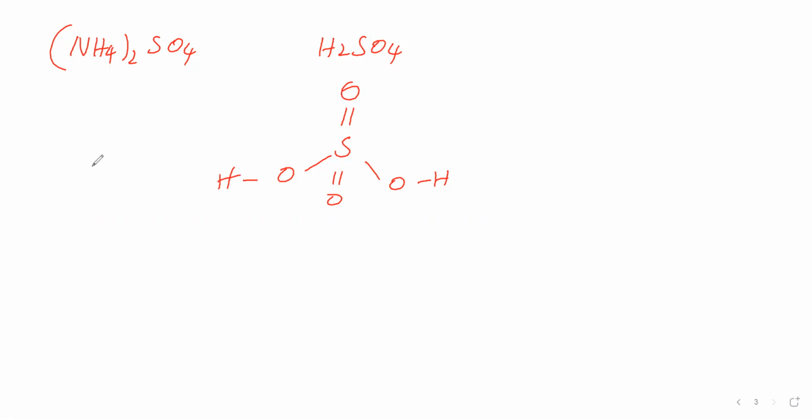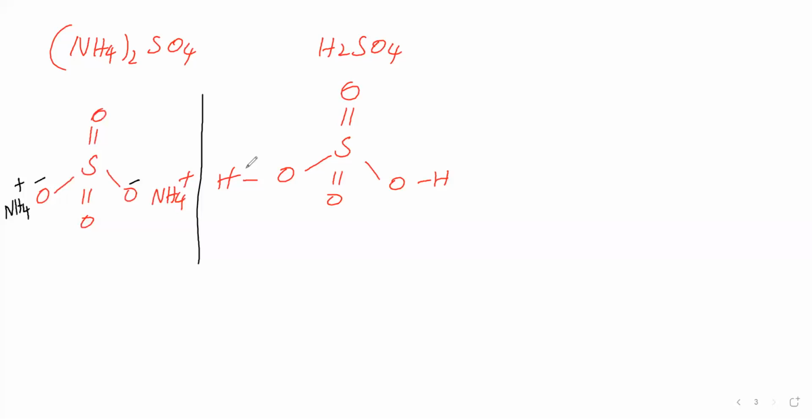So we write ammonium sulfate: S double bond O, S double bond O, O, O. In the place of hydrogen we write the ammonium ion NH4 plus, which means we give a minus charge to oxygen. This is called ammonium sulfate.